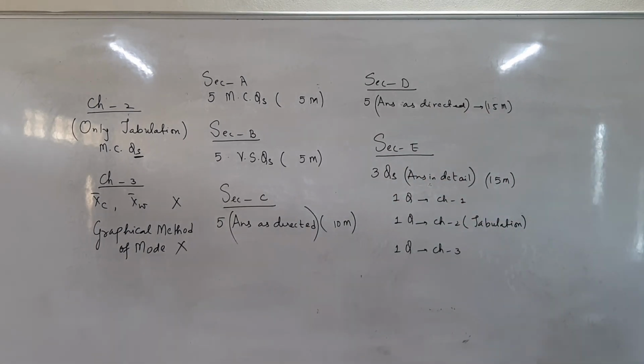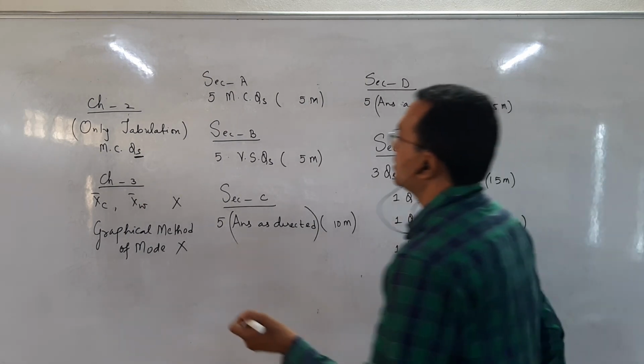Chapter 1, students, the board has kept in full. Nothing is cancelled in chapter number 1. From chapter 2, everything is removed, only tabulation is kept, and no big theories in chapter 2.